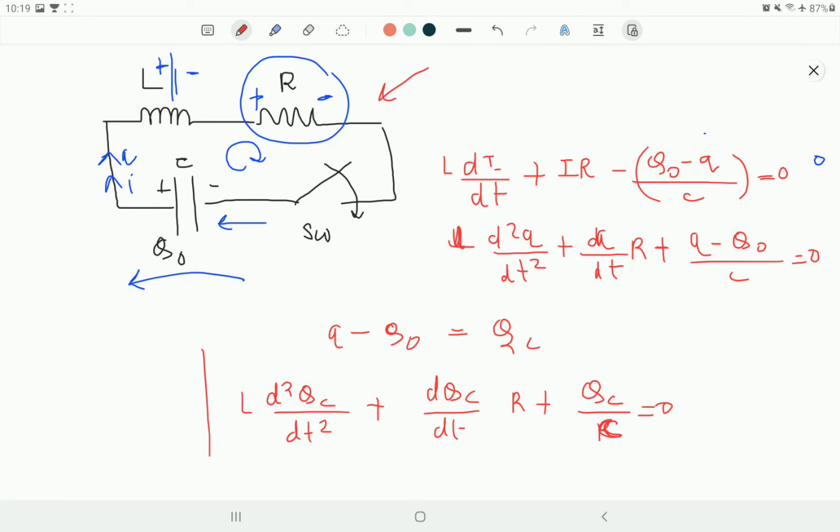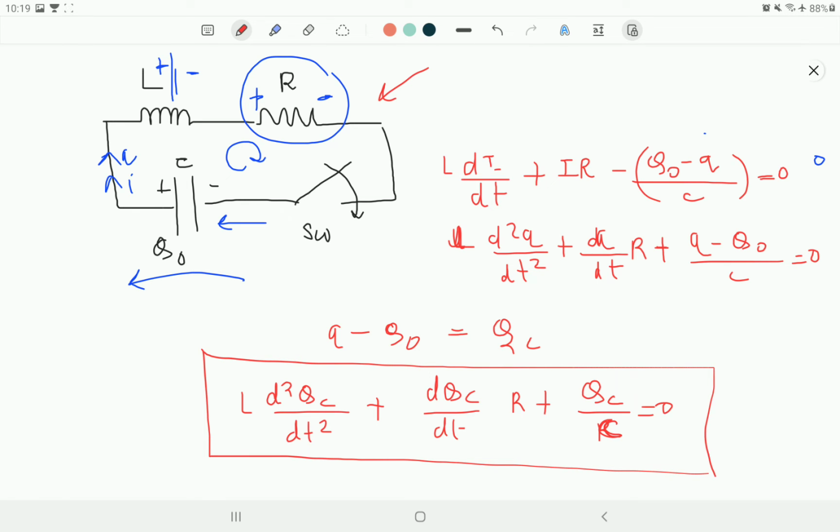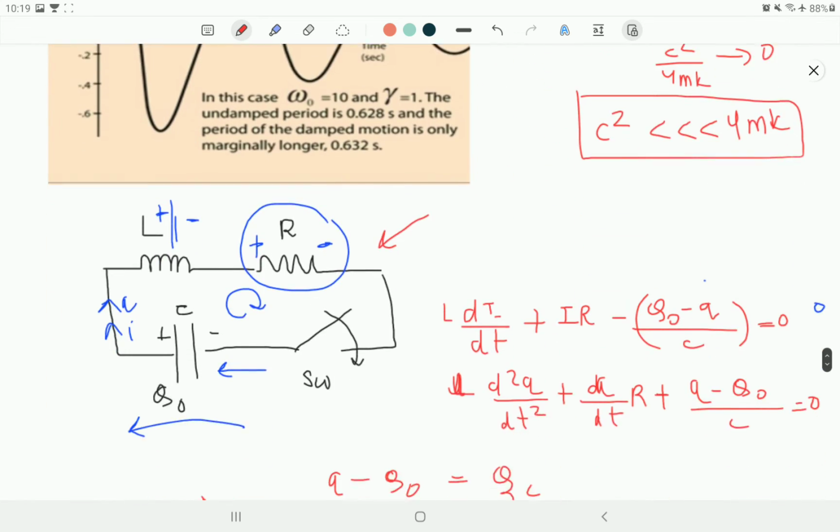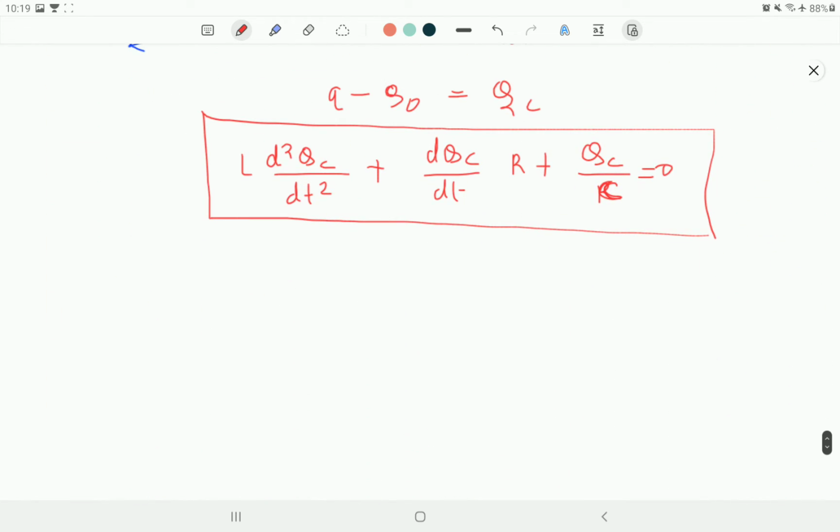Now this equation is a type of equation that we already dealt with above. At that time the position was a function of time and it was a decaying exponential function.